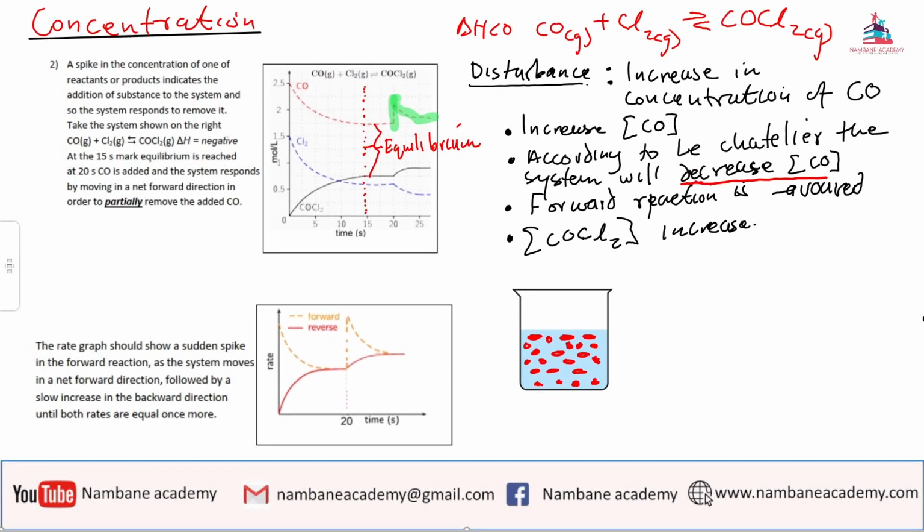When one looks into it, the forward reaction is favored. And if the forward reaction is favored, it means also Cl2 must now decrease. That is the reason why we also see now a decrease in Cl2.